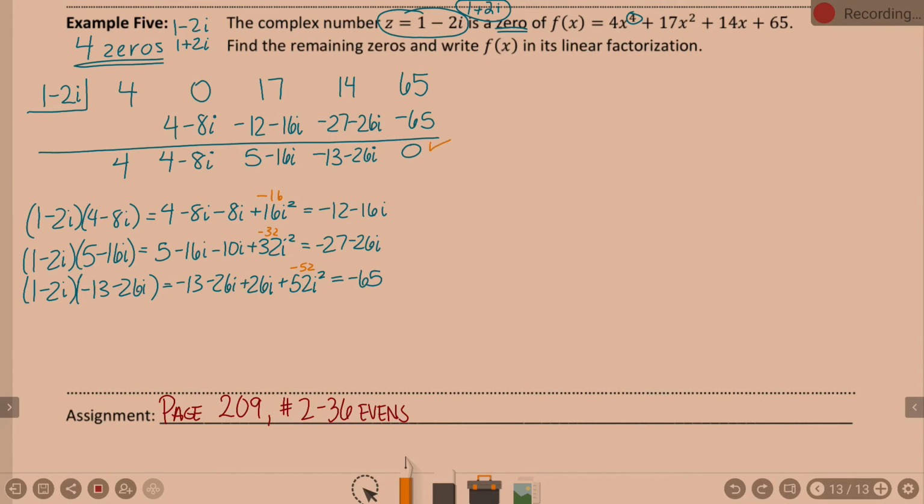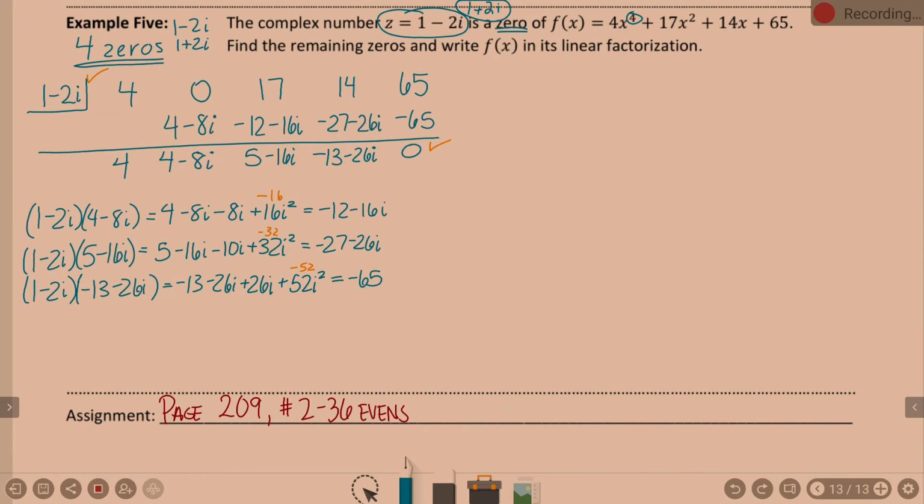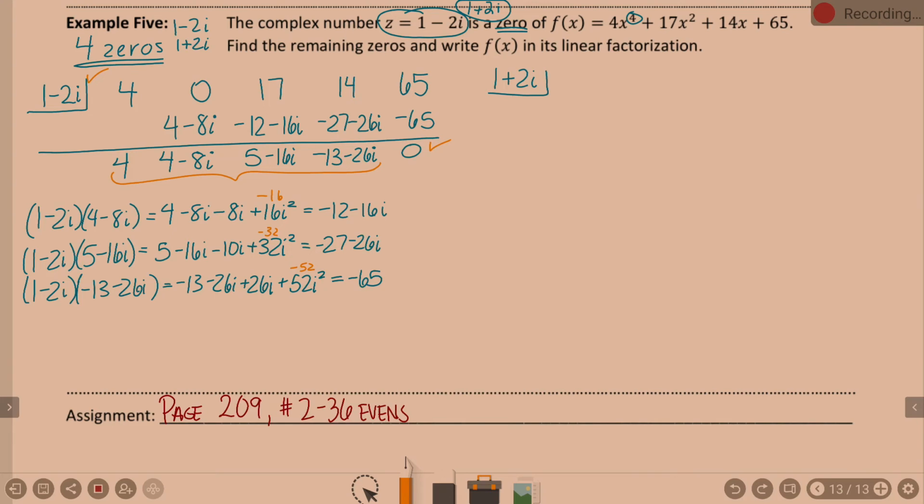Now, that was using 1 minus 2i. Now what? 1 plus 2i. What are we going to use with this 1 plus 2i? We're going to use our answer from the previous row, okay? And we have to do that to be able to get to our final 2 answers.